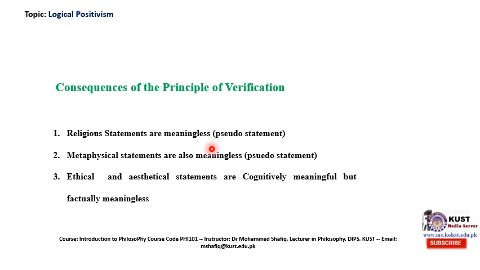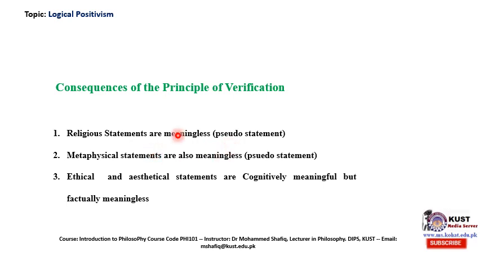Though this is a debated concept, later on, the famous philosopher G.E. Moore, in his famous work Principia Ethica, showed that religious statements, and this is known as postmodernism. So, in that postmodernism of G.E. Moore, he restored the ancient position of religion and ethics. For Moore, some of the statements are cognitively meaningful and some of the statements are factually meaningful.